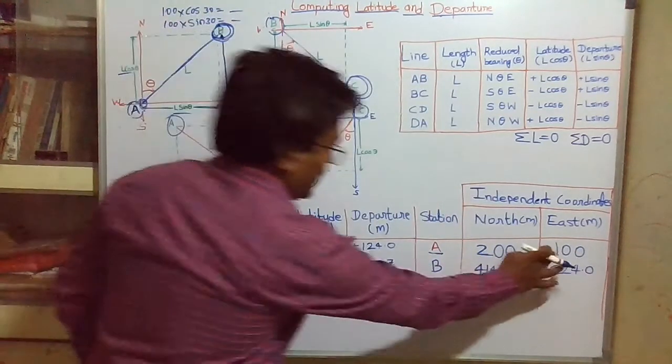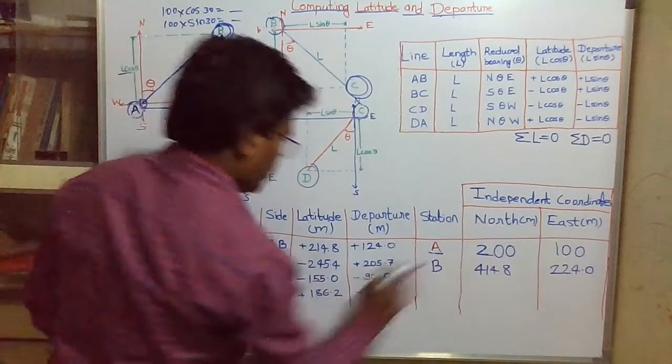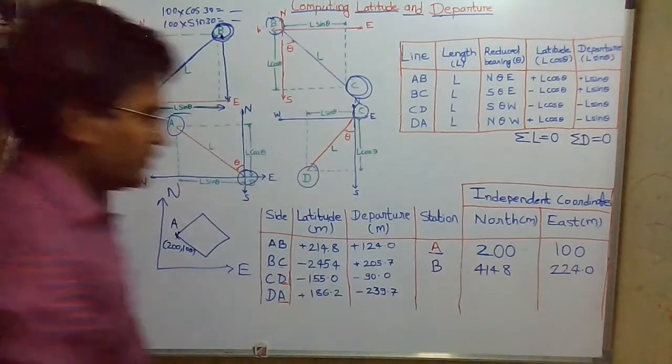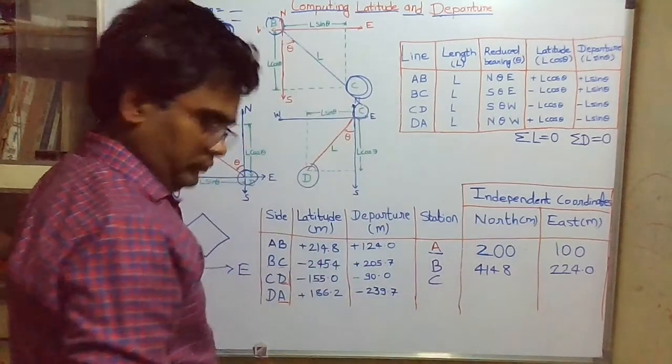That is, 100 plus 124 is 224, and 200 plus 214 is 414. We just used a calculator to calculate it.